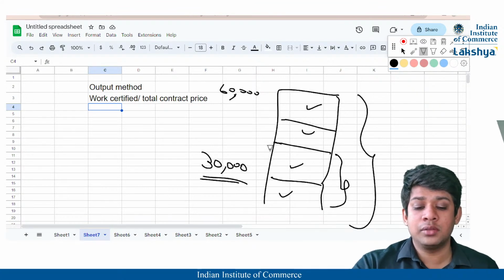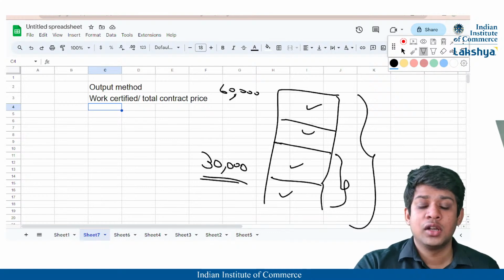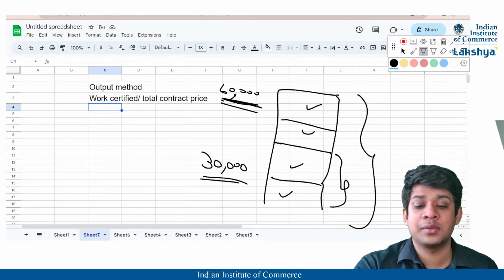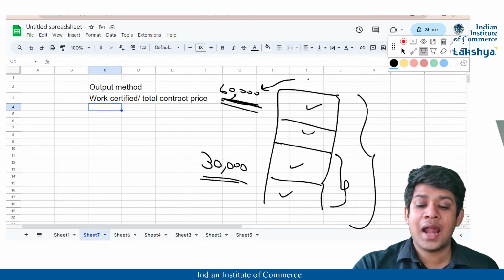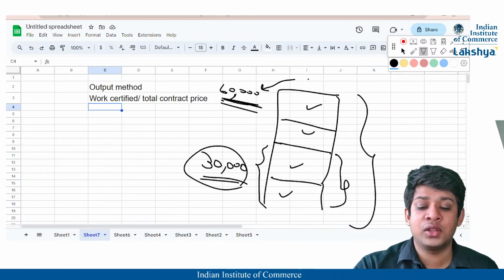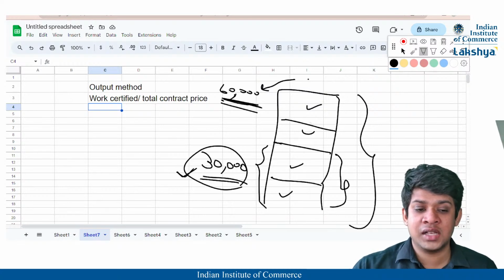Because for the whole 4-floor building, I'm going to incur 60,000 costs. Or maybe I'm going to receive 60,000 from the customer. The customer will pay me 60,000 for constructing this 4-floor building, right? And I have completed the first 2 floors. So that means technically I've completed halfway through. So I can say that this much could be considered as my work certified, right?